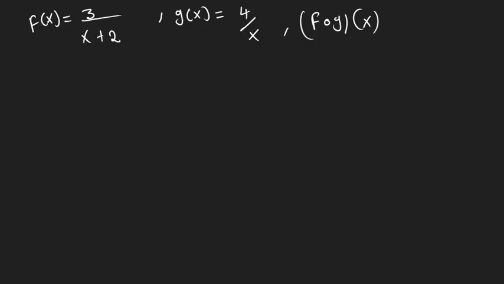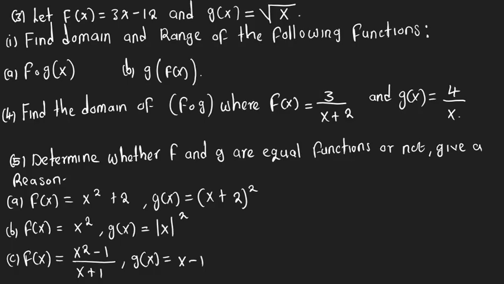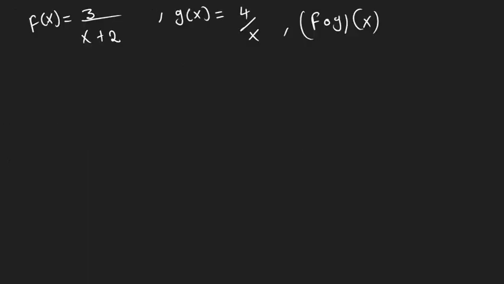So to find this, let me go back. Okay, so what we are going to do is this. For f of x, inside you are going to put this particular function. Let me just give you a picture of everything.